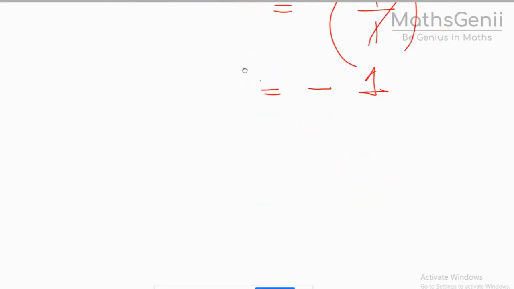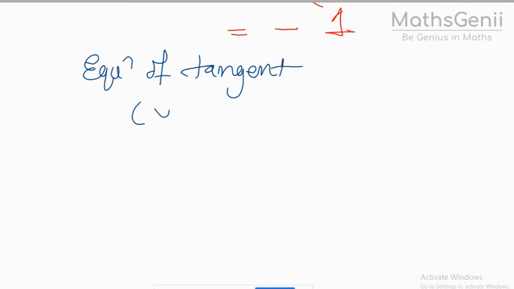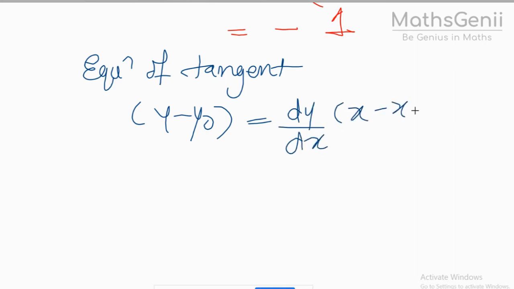Now I can find the equation of tangent. What is the equation of tangent? It's y minus y naught is equal to dy by dx times x minus x naught. Or in place of dy by dx, you can also write f dash of x. Both are correct.